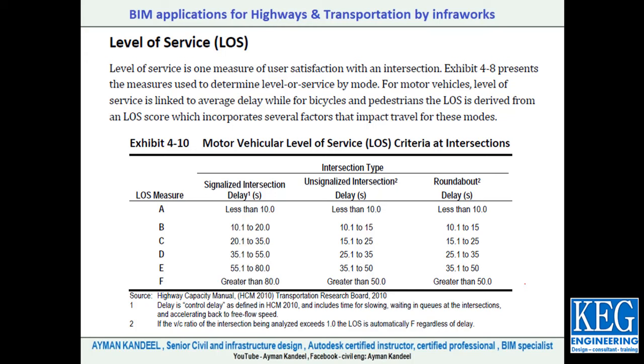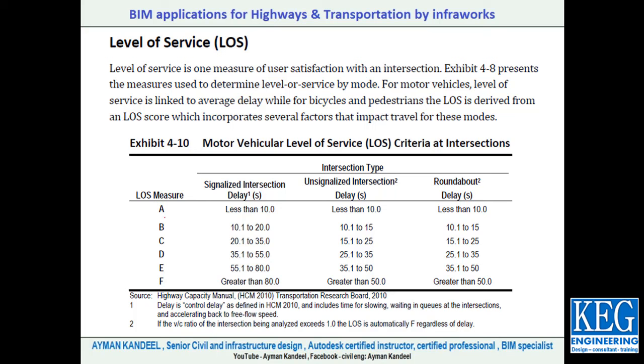Level of service is one measure of user satisfaction with the intersection. Are the users satisfied by this intersection or are they wasting time waiting at this intersection?